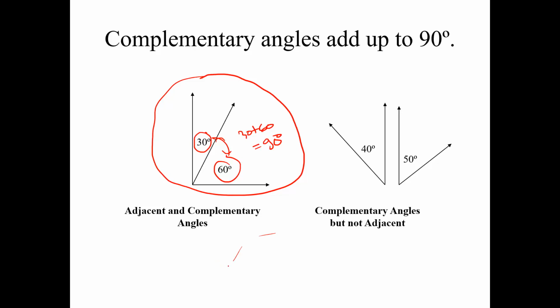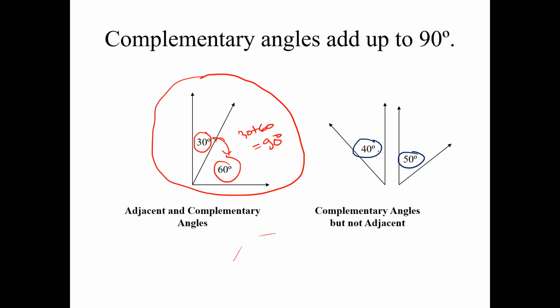Okay, let's go to the next example. On the right side, we have another two angles, 40 degrees and 50 degrees. These two angles are not adjacent because they're not side by side, and they do not share the same ray or the same vertex.